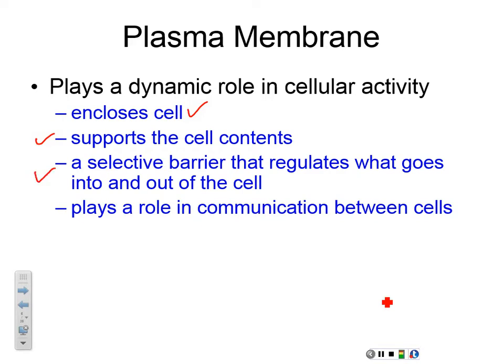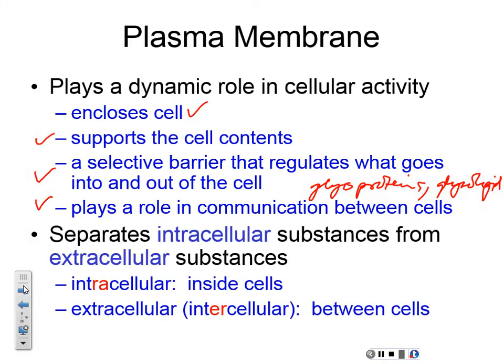It also plays a role in communication based on the glycoproteins and glycolipids, so there is another function of the carbohydrates. And we'll talk about two of them. It's a boundary between extracellular material, which is the extracellular fluid, an aqueous environment, and it also demarcates the intercellular.